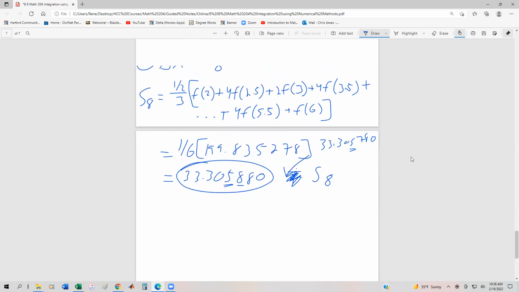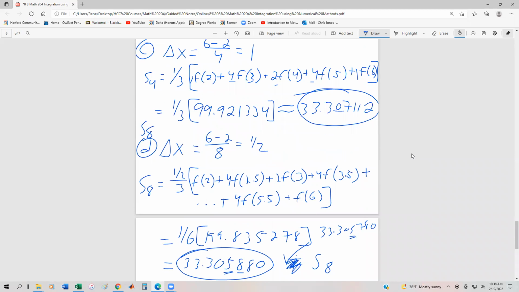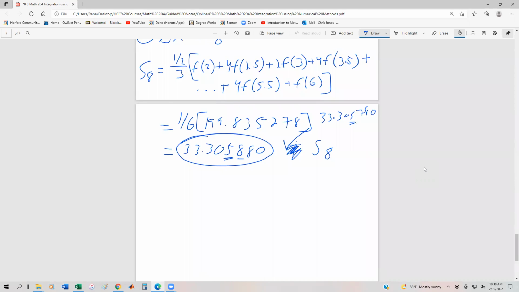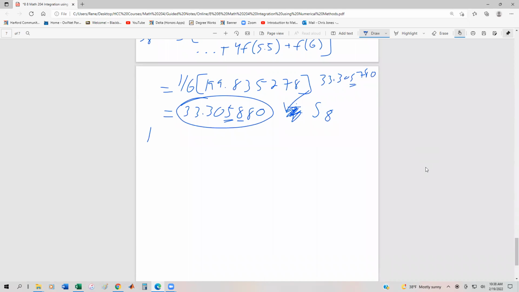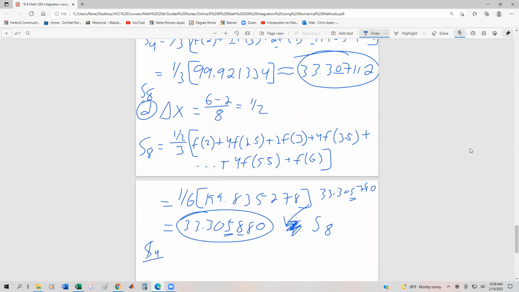All right, so now the last thing we got to do is we got to get the percent error. Okay, so let's get the percent errors for this so we can be done. Okay, so this is for S4, right? So we're going to take our approximation, which is the 33.307112.